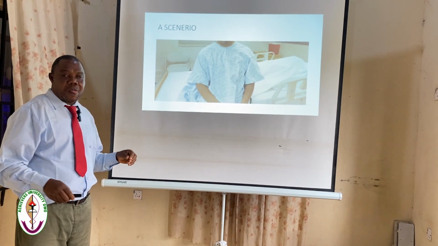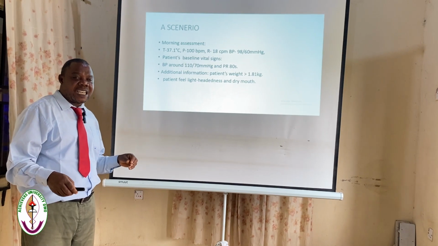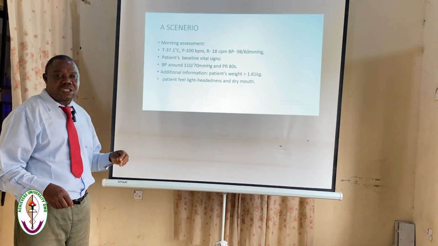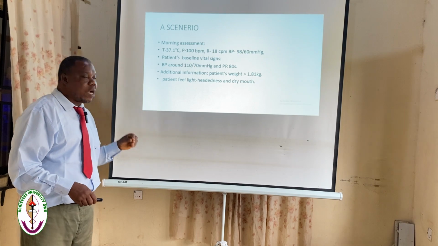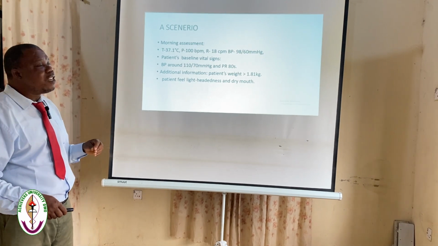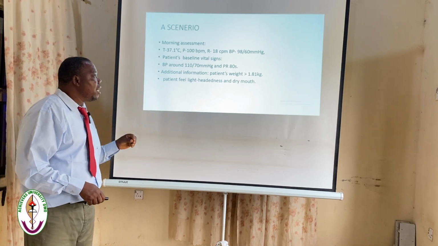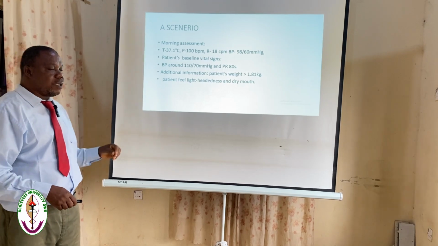The nurse, during the morning assessment, assessed that patient and noticed that the patient's body temperature was 37.1. The pulse is 100 beats per minute. The respiration is 18 cycles per minute. The BP is 98/60 millimeters of mercury.